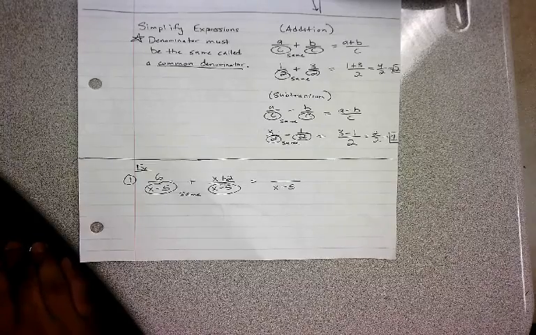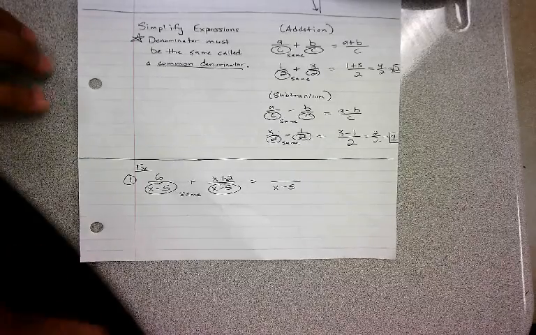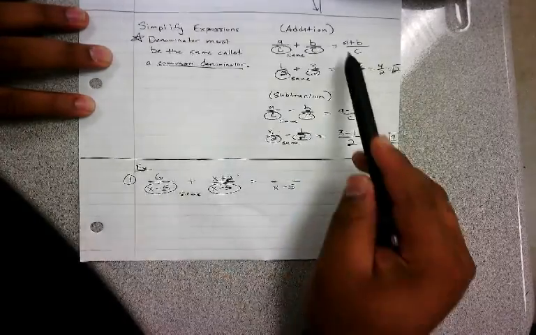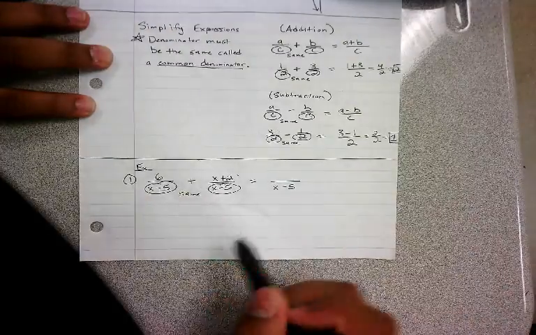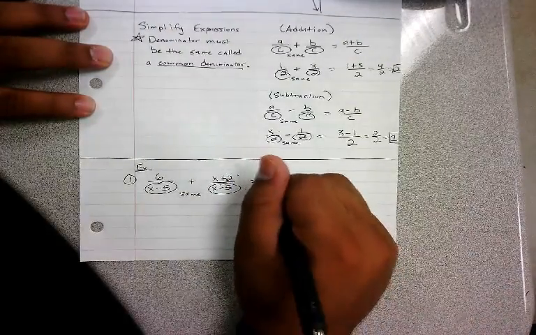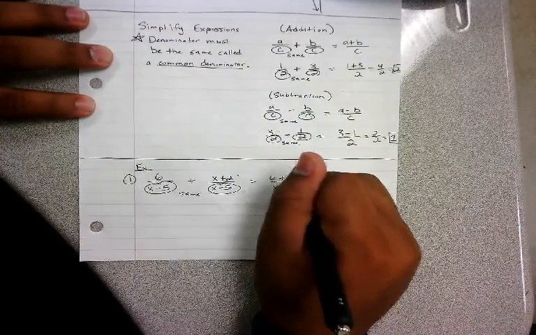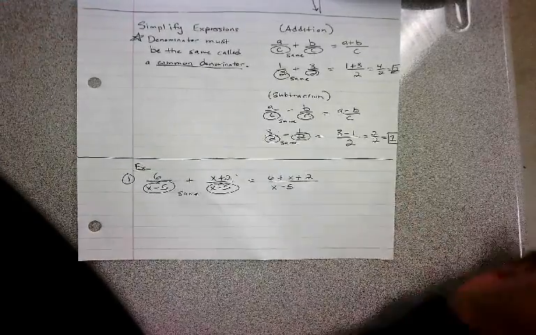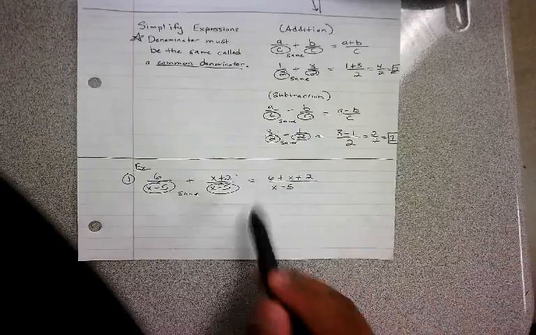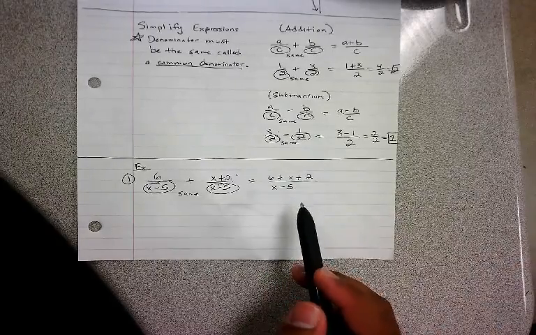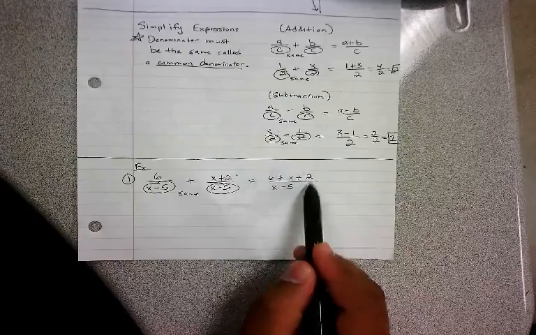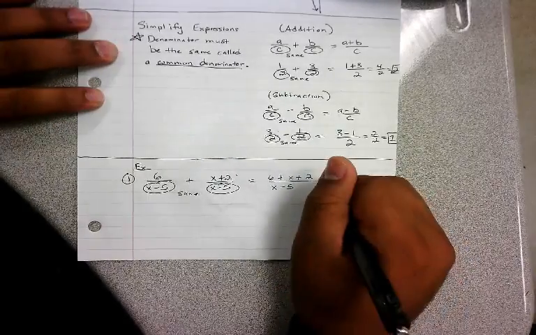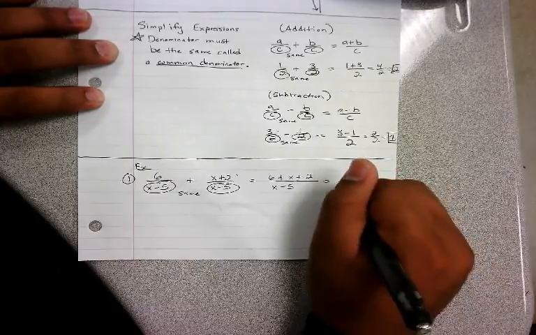Now, the top part is the same thing. Imagine this was A and imagine this was B. Over here you're doing A plus B, so you just write it out like that. So you have 6 plus x plus 2. But this is not simplified yet because there are still like terms up here that you can combine on the numerator. The denominator is already done, so you write x minus 5.